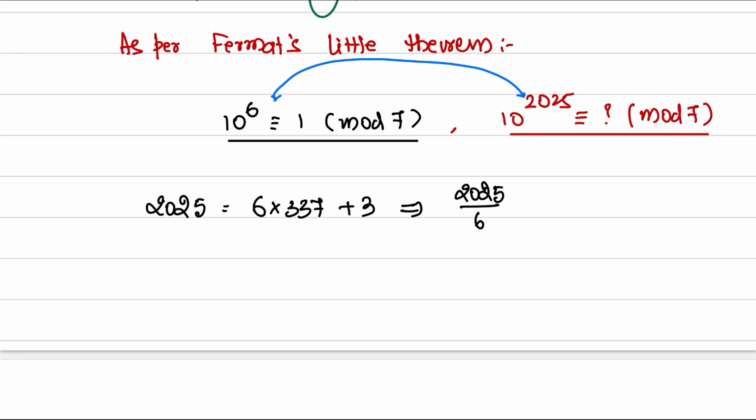When you divide 2025 by 6, it will be 337 plus 3 remainder. It is the remainder. Don't write 337 plus 3 as 340. No. 337 is the coefficient: 6 into 337 plus 3.